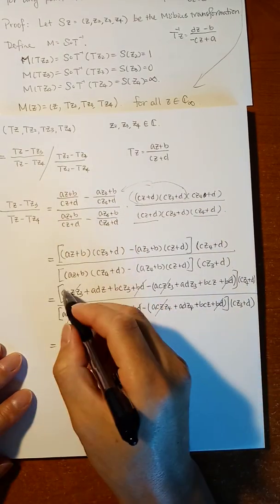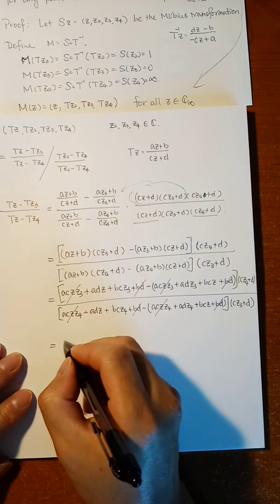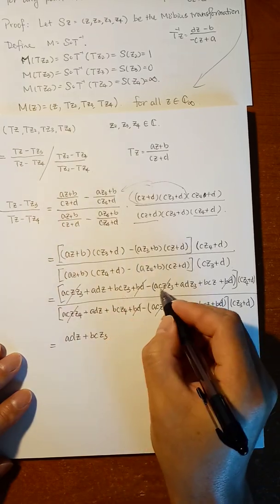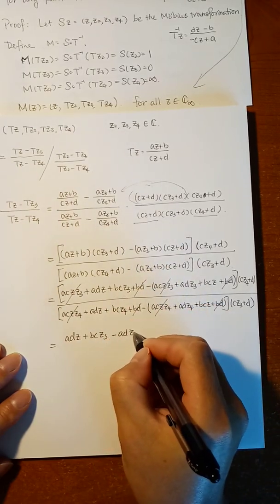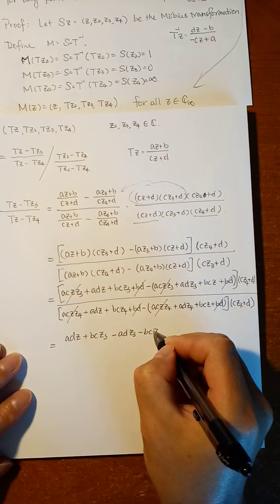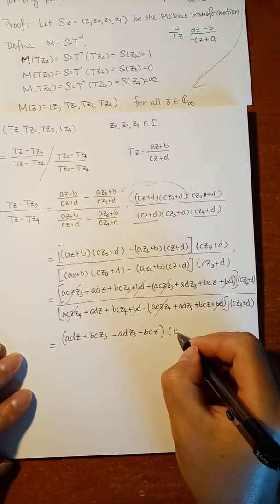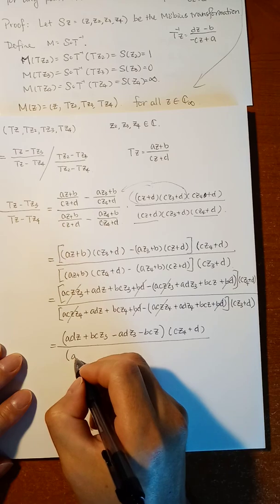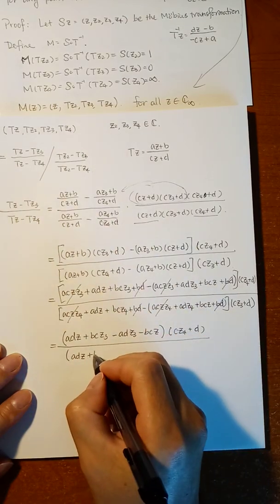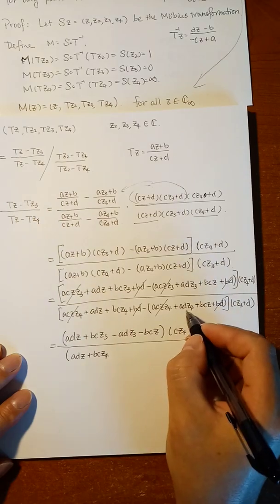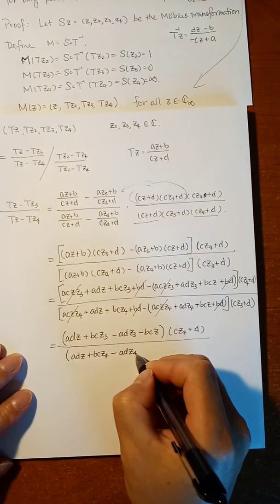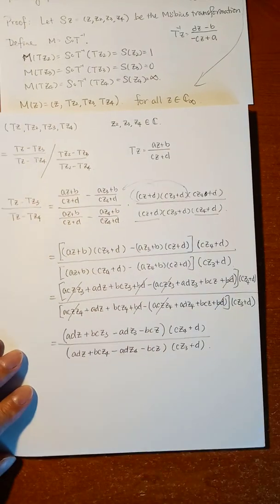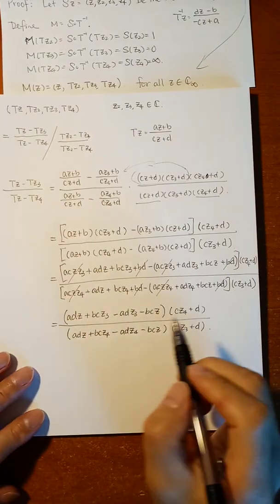So what we have in the bracket is adz plus bcz3, these two terms, minus adz3 minus bcz, times (cz4 plus d), and the denominator adz plus bcz4 minus adz4 minus bcz, times (cz3 plus d). Right? Okay, let's combine them.